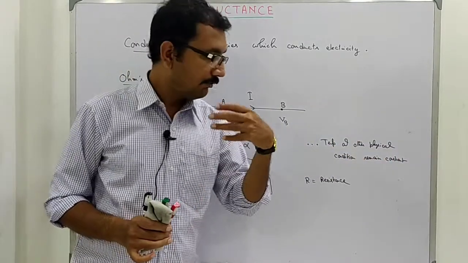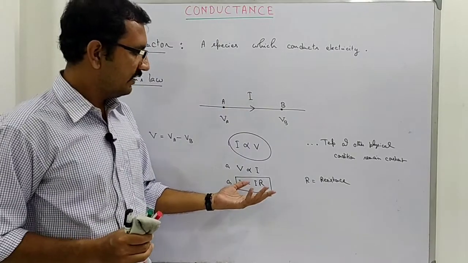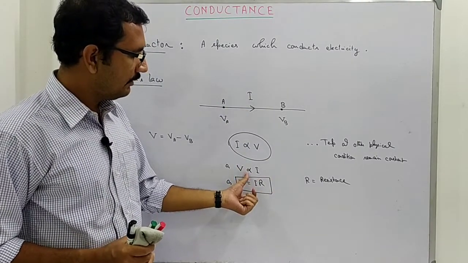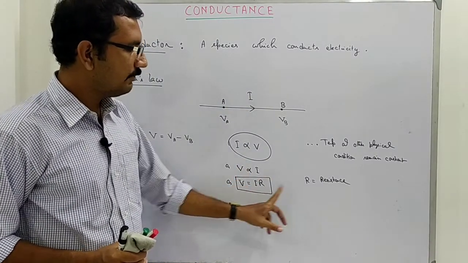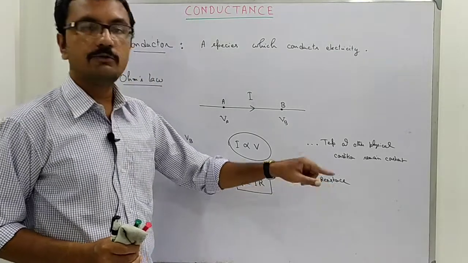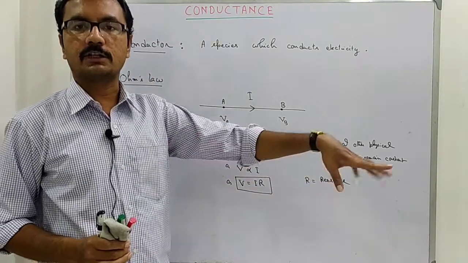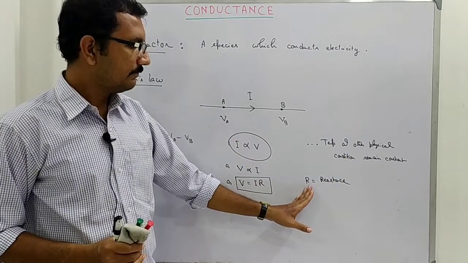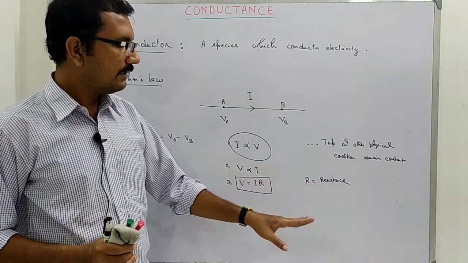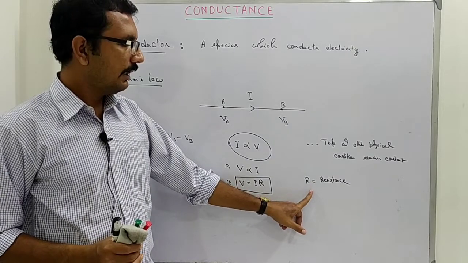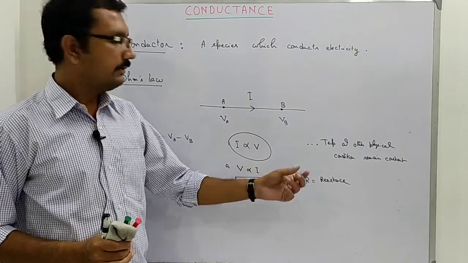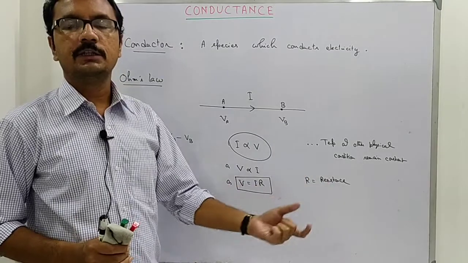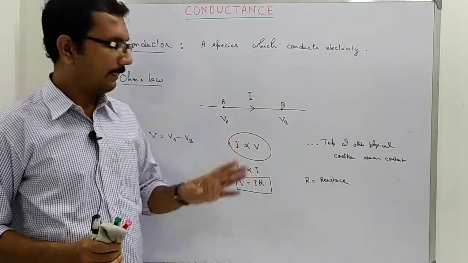By which term you can say that? All of them follow this relation. So, it is this proportionality constant, which is the resistance, that is going to differentiate between different conductors. So, copper is characterized by a particular R, silver is characterized by a particular R, and in this way it is this R which varies from conductor to conductor.